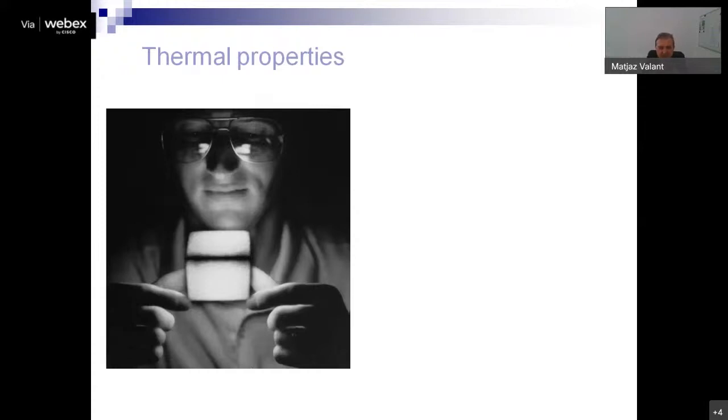So I'm going to stop sharing for a while and wait if you have some question regarding the mechanical properties, and then we will continue with thermal properties. Any issue? Is there any question regarding mechanical properties?